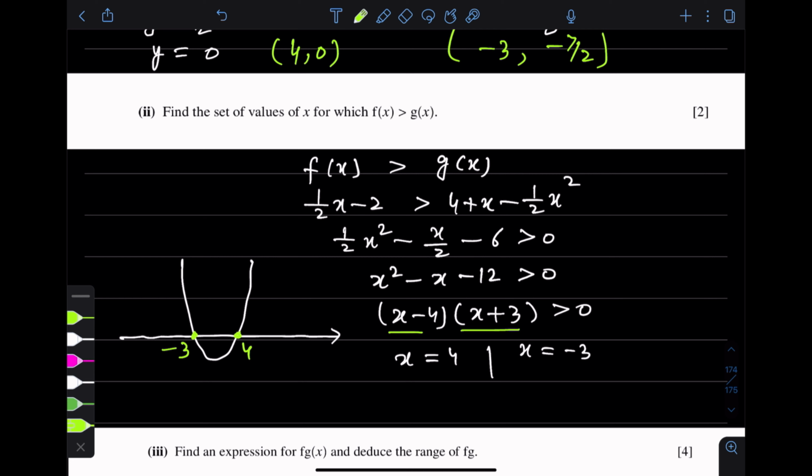This is greater than 0, meaning positive. The function will be positive for values greater than 4 or less than minus 3. So the set of values in this question is x is greater than 4 or x is less than minus 3.